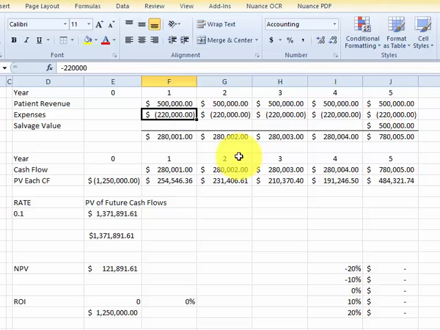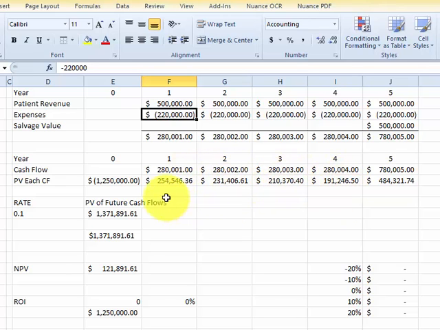Okay, so what I've done here in the second part of our spreadsheet is simply brought down the cash flow right here. Here's our cash flow in year 0. I probably should have put that up here, but I got lazy. I put it down here. So there's the purchase of our scanner in year 0. Here is the discounted present value of that $280,000 for each year.